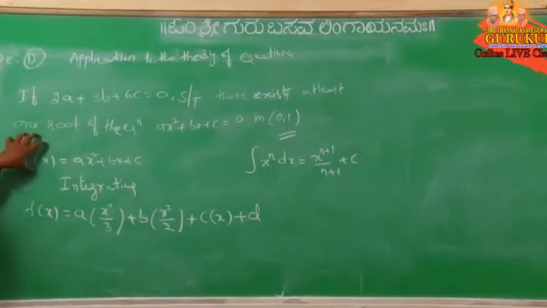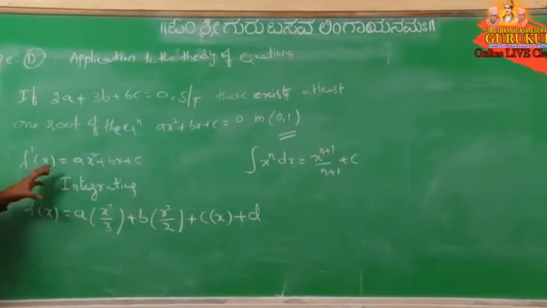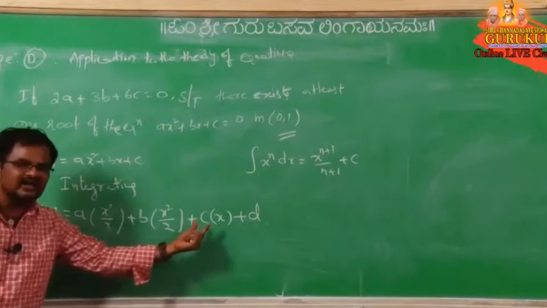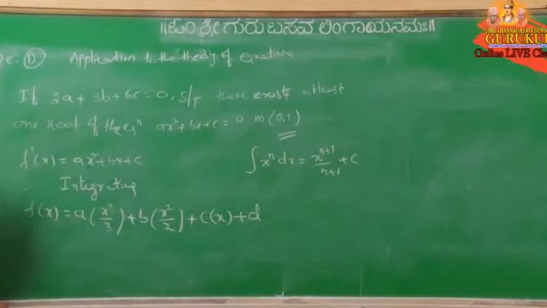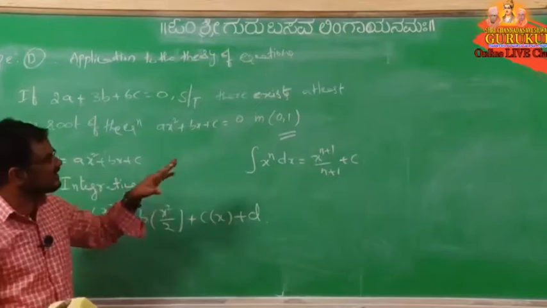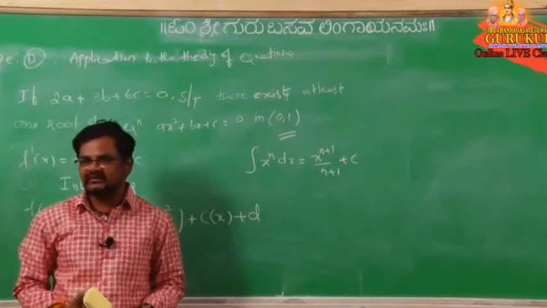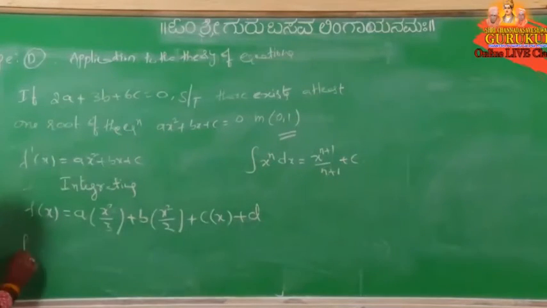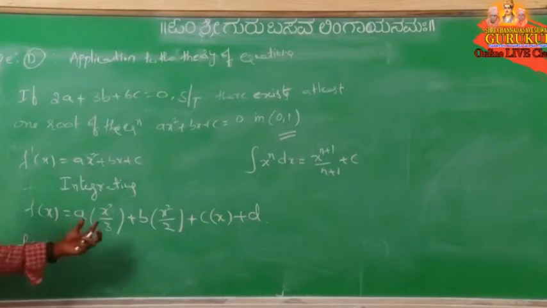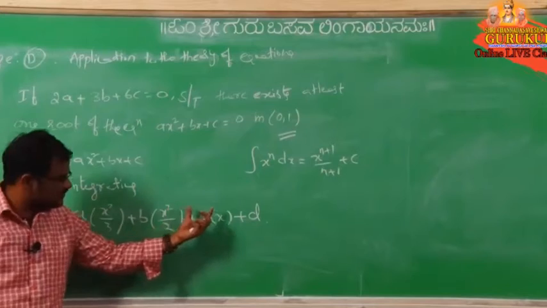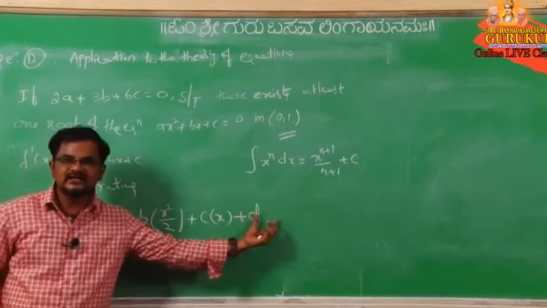So f dash x given, by integrating we got f of x. Next, it is a polynomial function. So every polynomial function is continuous and differentiable in the given interval. And also f of 0, you substitute, what you will get? F of 0: this is 0, this is 0, this is also 0, plus d.